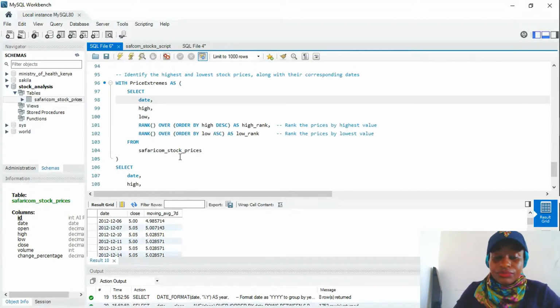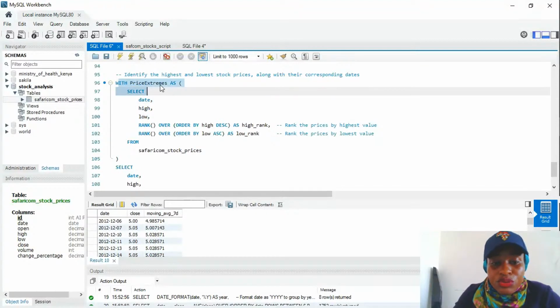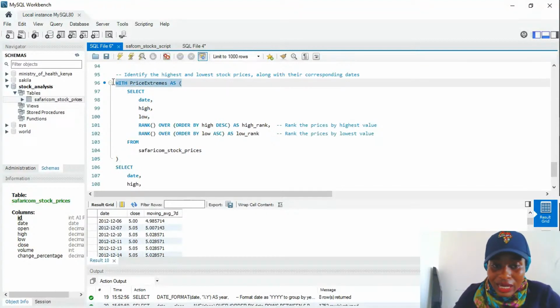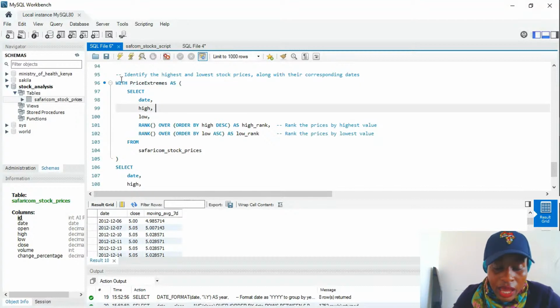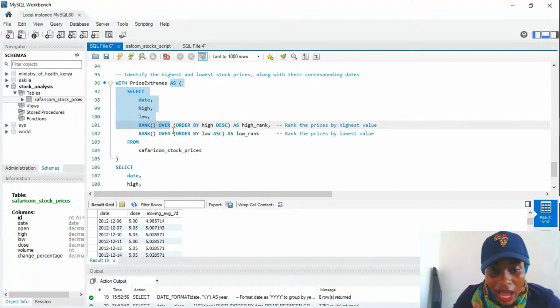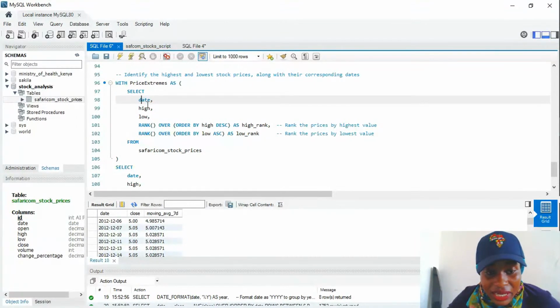We name it price extremes, that is the alias we're giving it, and we give it values. In price extremes we are selecting dates, high and low, and we are ranking them.